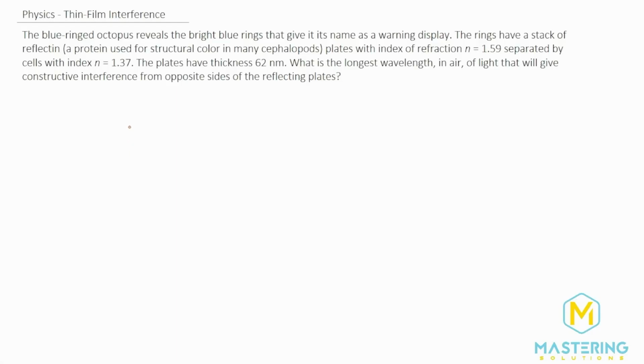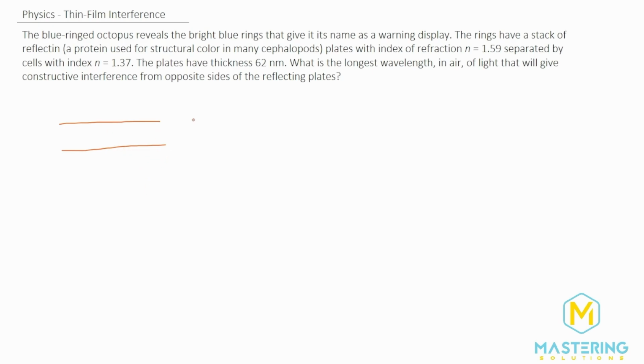For this, let's start off by drawing a picture again to see how many phase shifts we have. It was kind of confusing to set this up just because of the wording of the problem. But what we have is this protein, the reflectin, with the N of 1.59, that is sandwiched in between the two other layers.